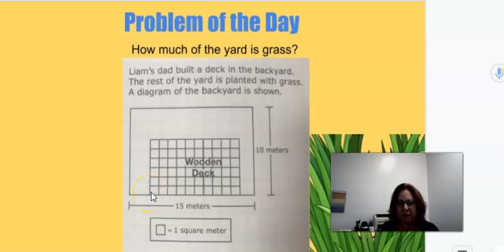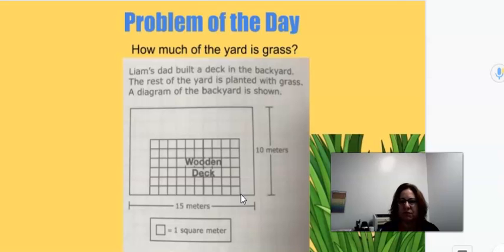Let's find the length of the deck. 1, 2, 3, 4, 5, 6, 7, 8, 9, 10. Okay, so the wooden deck's length is 10 meters. And the width, notice I'm counting this square again. 1, 2, 3, 4, 5, 6. So the width is 6 meters.